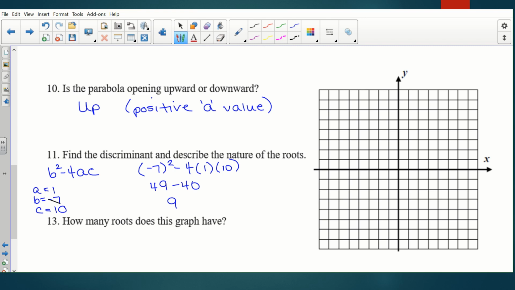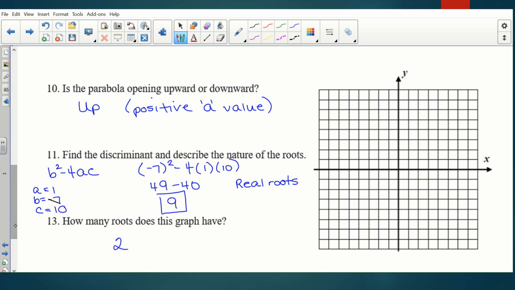Remember, we said when it's positive, describe the nature of the roots. Well, we're going to end up having real roots, not imaginary. And how many in this case? We're going to have 2. Okay? So this positive value says we're going to have real roots. How many of them? We're going to have 2.